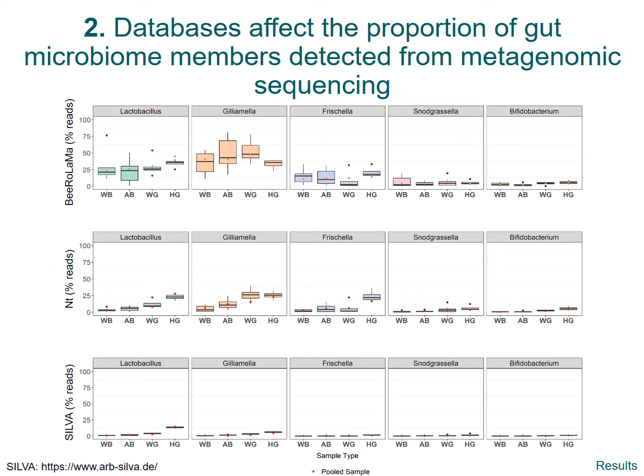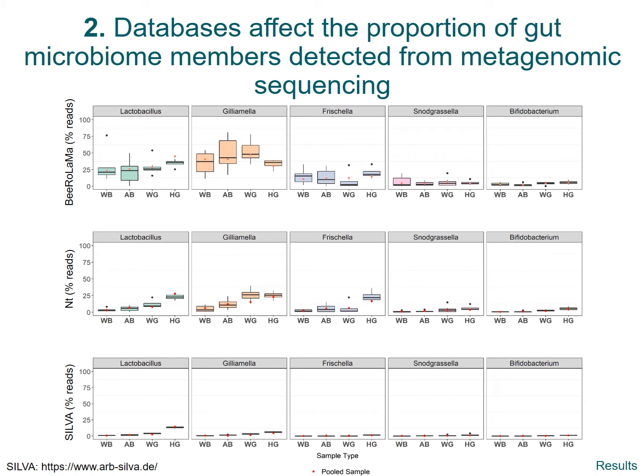Next, we looked at how different databases affect the detection of the gut microbiome. Here, shallow metagenomic sequencing data was analyzed using 3 databases, the top panel showing BeeRolama, our in-house database, the middle using the NCBI nucleotide database, and the bottom showing the Silva database output, which is used for 16S rRNA analysis.